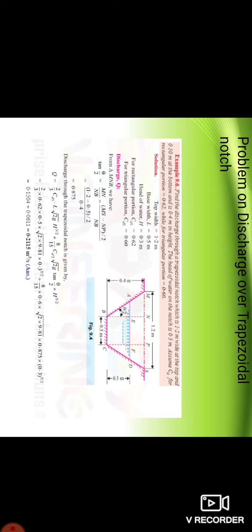Okay, so here is a trapezoidal notch problem. Find the discharge through a trapezoidal notch which is 1.2 meter wide at the top and 0.50 meter at the bottom and is 0.4 meter in height. The head of water on the notch is 0.3 meter.